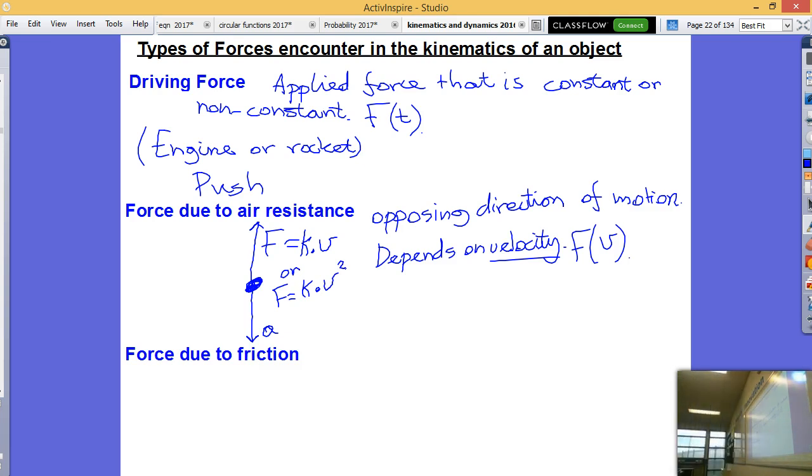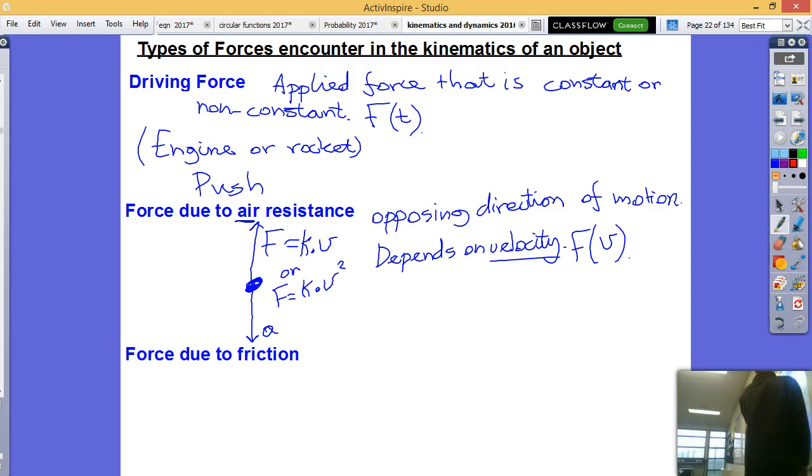Now it doesn't have to be air resistance as such. Air is what we describe in our everyday experience. The medium in which we exist is air. But it could be any medium.